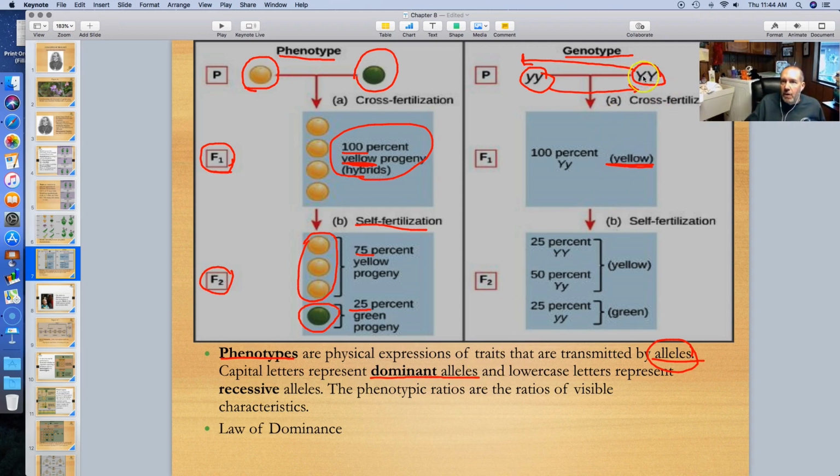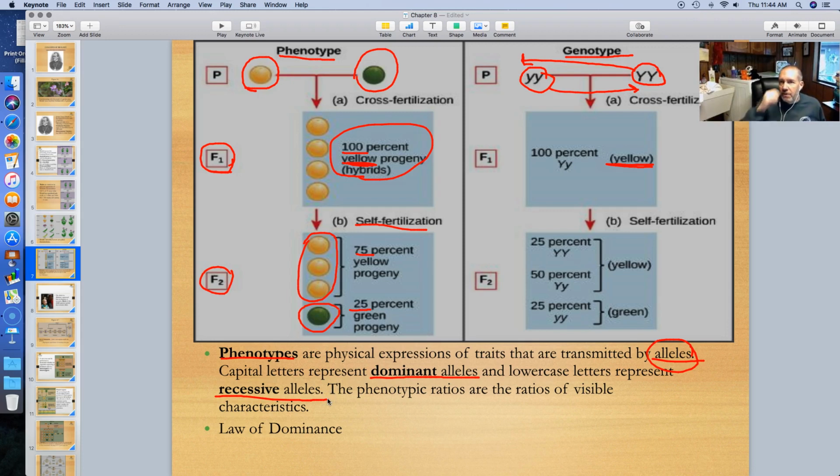And then we represent those by all capital letters. So if we know yellow is dominant because it's what 100% of the offspring are in the F1, then we represent that by two uppercase. In this case, we can choose anything, but Y for yellow. And again, sorry, these for some reason on this image got swapped. So two uppercase letters for dominant alleles, two lowercase letters for what we refer to then as the recessive allele.